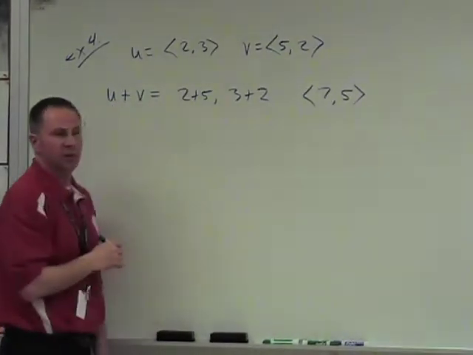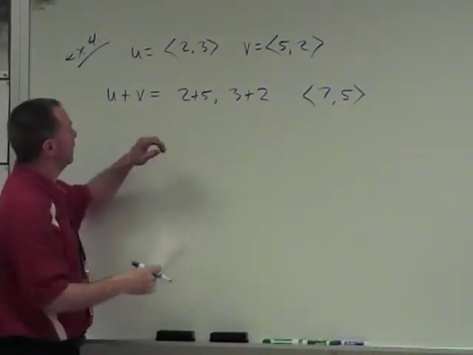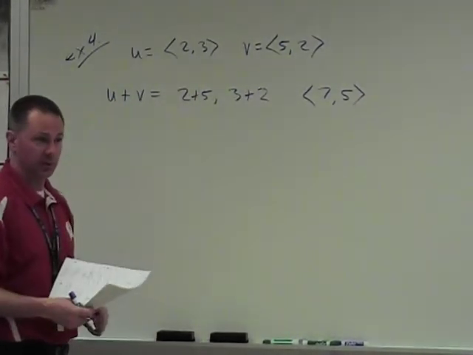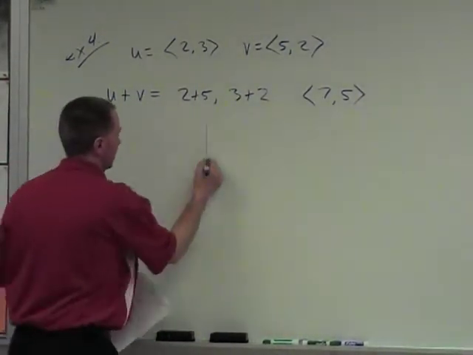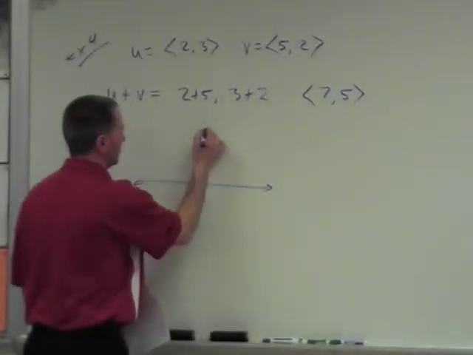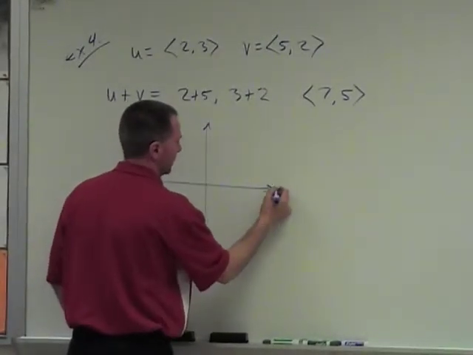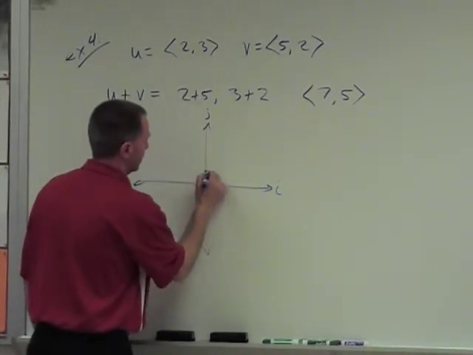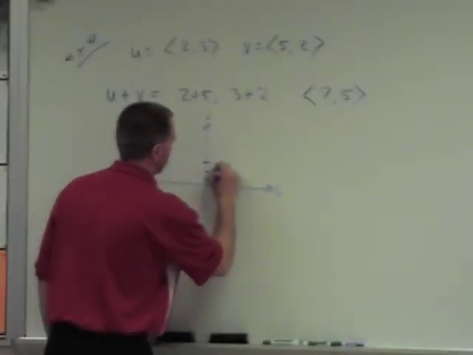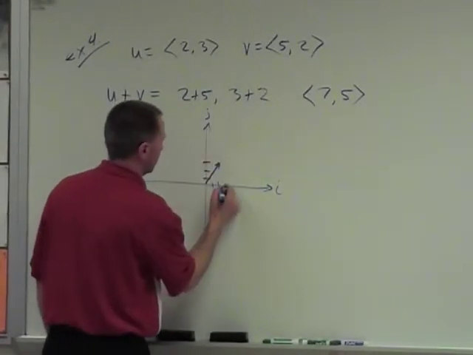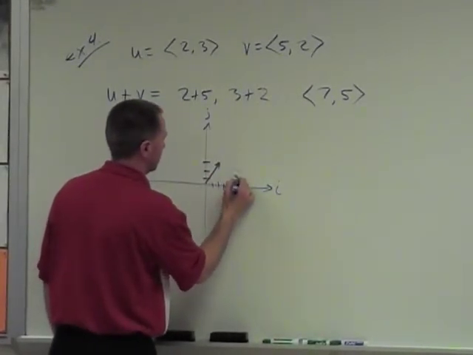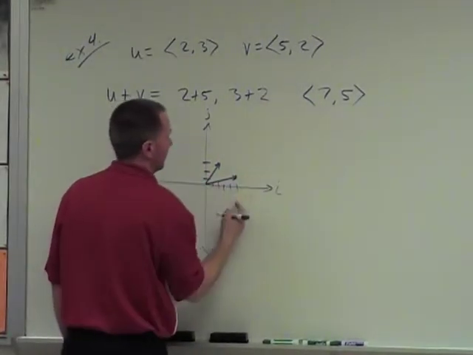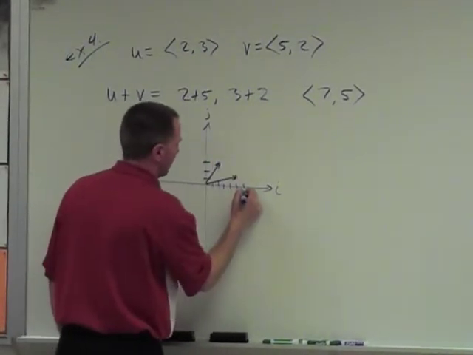Now I wanted to give you the visual of that. What did we do? All we did was add the same positions together. Visually, this was in your book. Those of you who did it should understand what this forms. So here we have 2, 3. That is u, and 5, 2. Those added together is 7, 5.